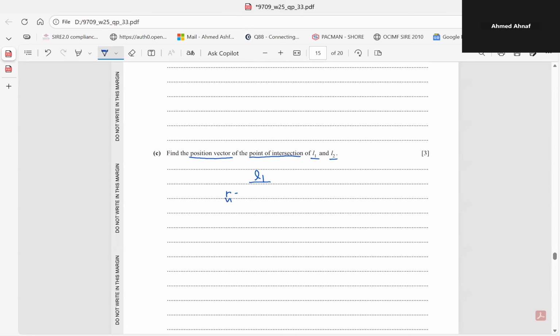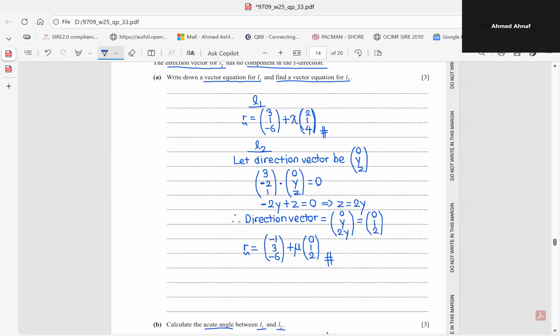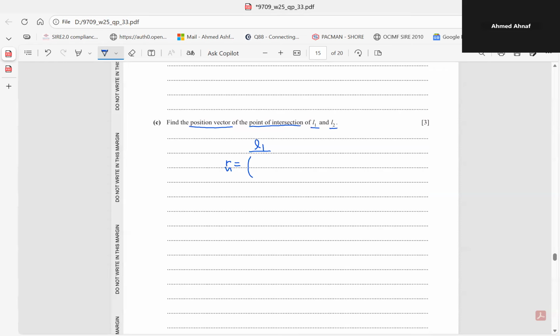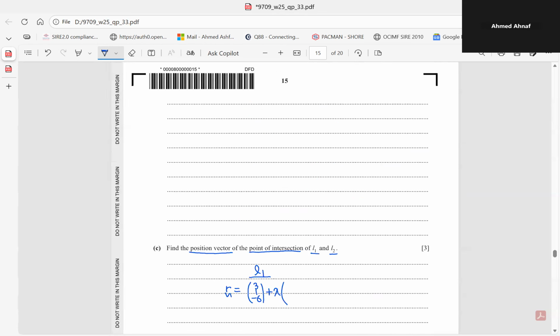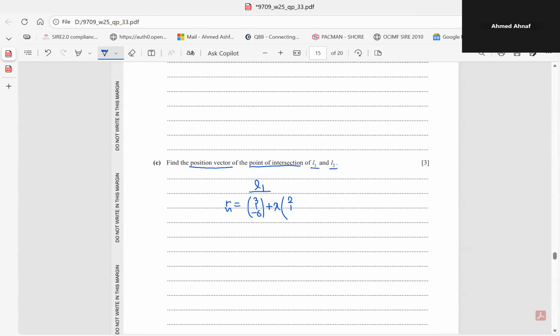For L1, we already found in the previous part, (3, 1, -6) plus lambda (2, 1, 4). Now we will expand this out and express this as just one column vector.